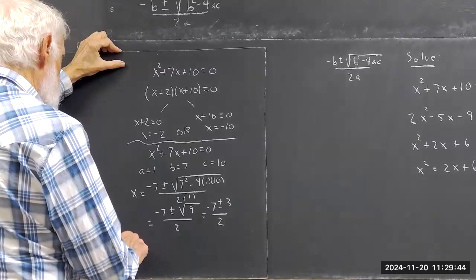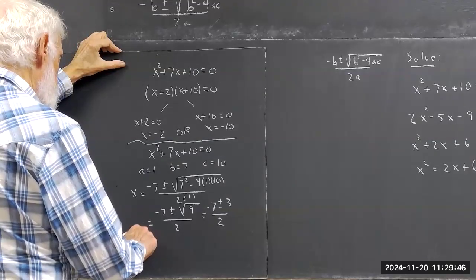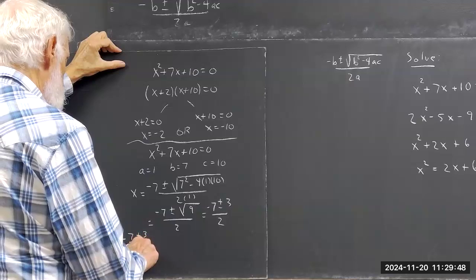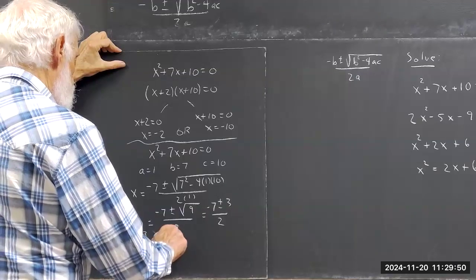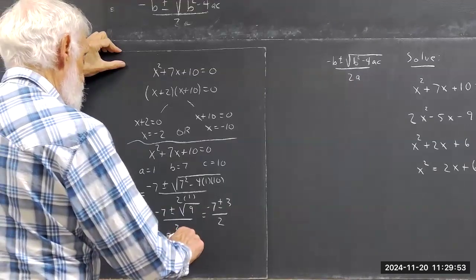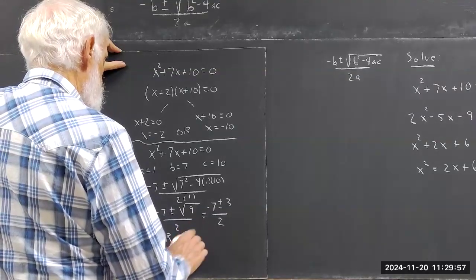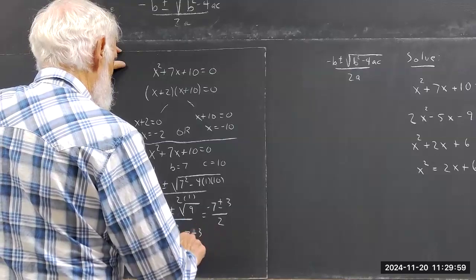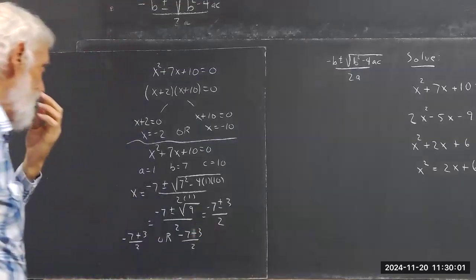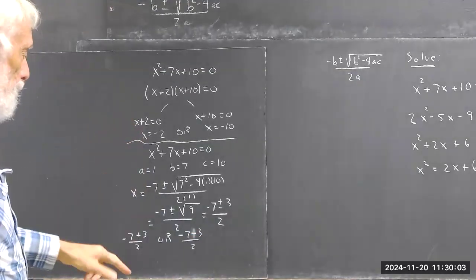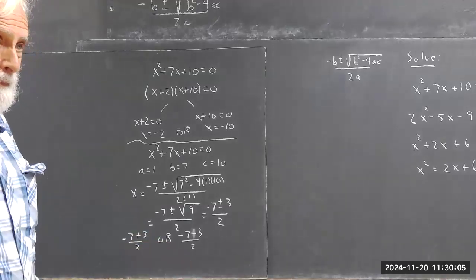So the solutions are: this is a solution and this is a solution. We say our solution to the equation is this or this.